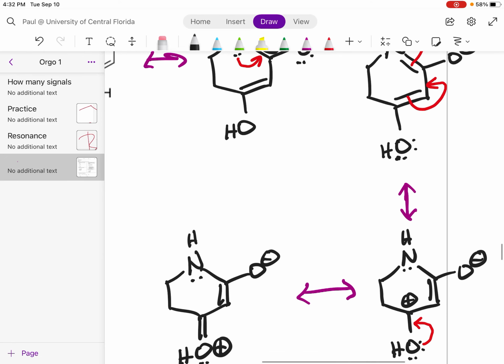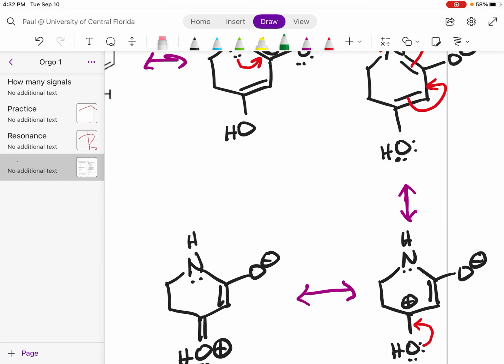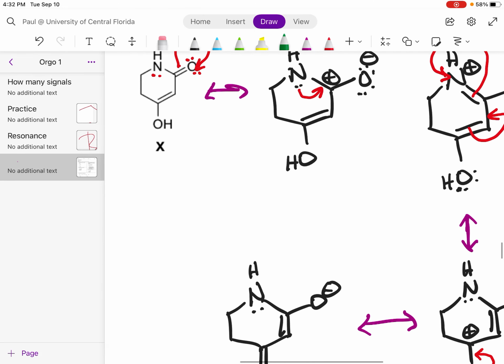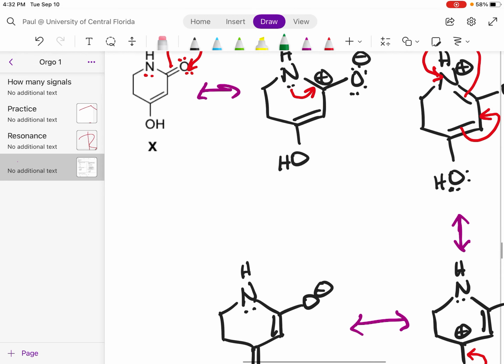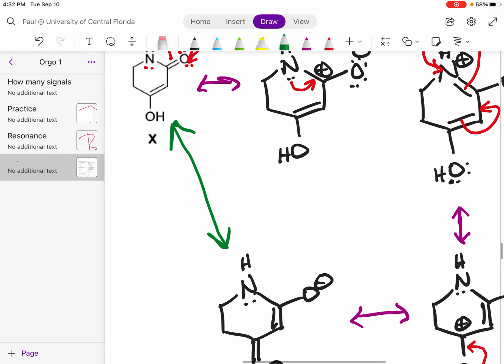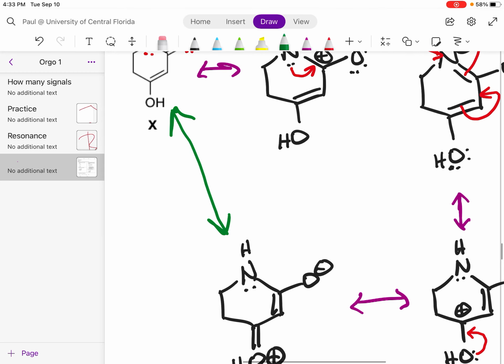But what if I wanted to go from this first one right here? Well, let's just go from the original all the way to there. Is there a way that we could draw the arrows to do that? Going between those two structures.